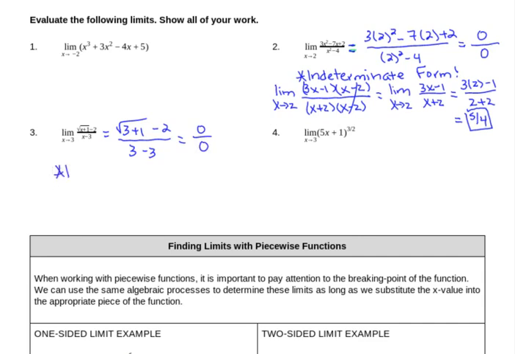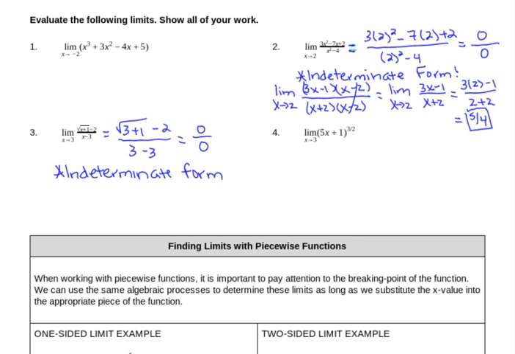So we need to write that this is indeterminate form. And when we look at that problem, there's nothing that we can factor. So as of right now, we just have to write indeterminate form, and we're going to move on. We're not going to do any of the algebraic manipulations that would be required to get that one. So let's move on to number 4.